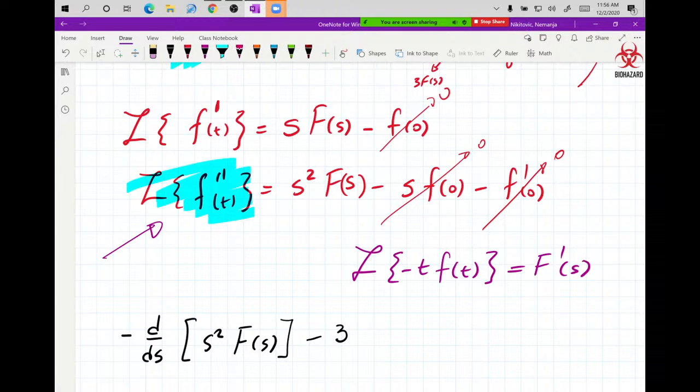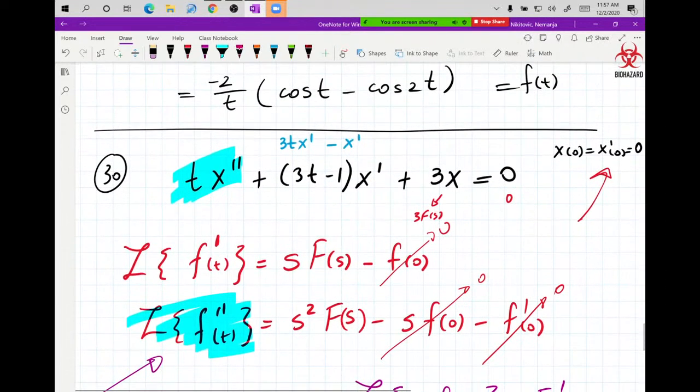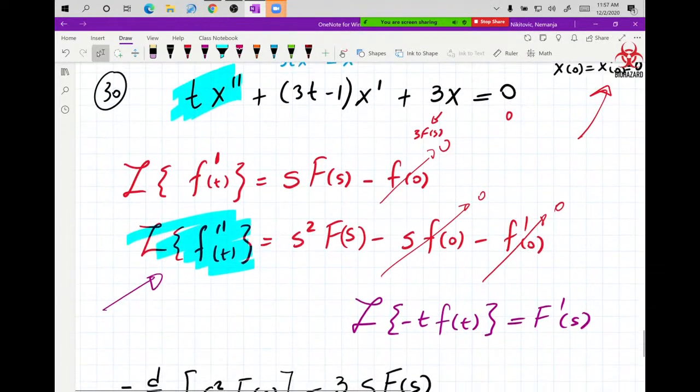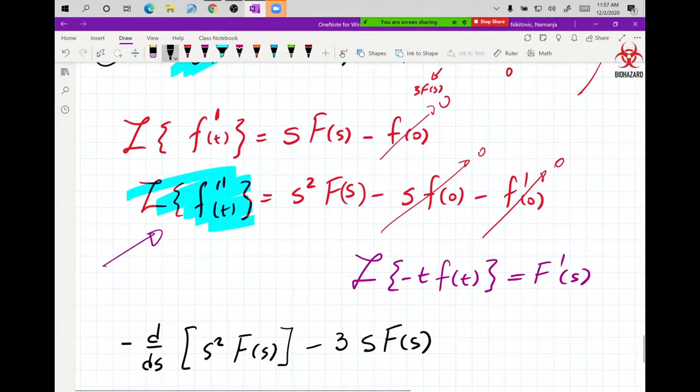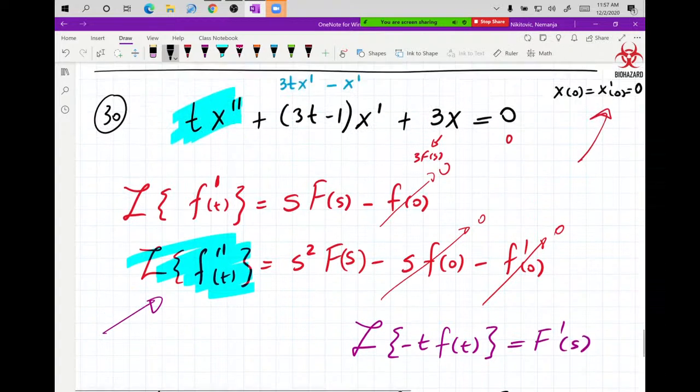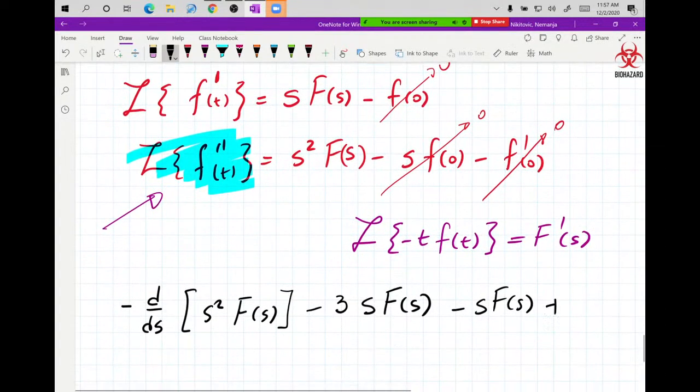This needs to be a negative now. And then we have just s f of s, which is from here. And then we have minus x, which is the vanilla one of these. So that's just minus s f of s. And then plus 3 f of s equals 0.